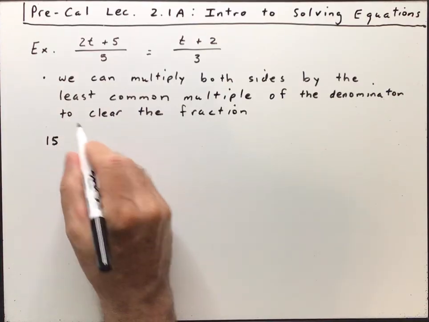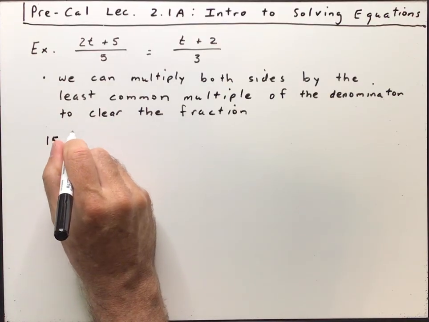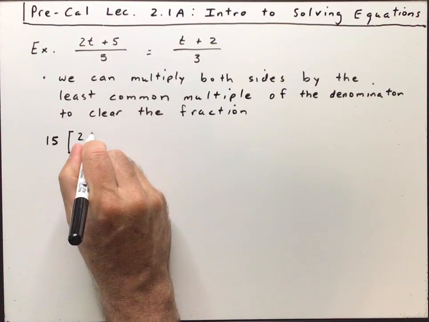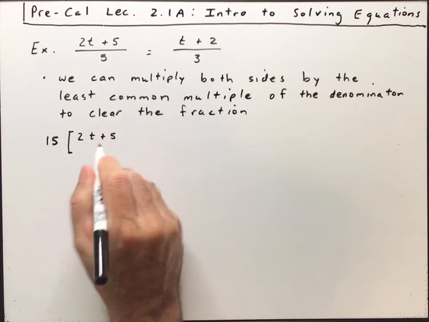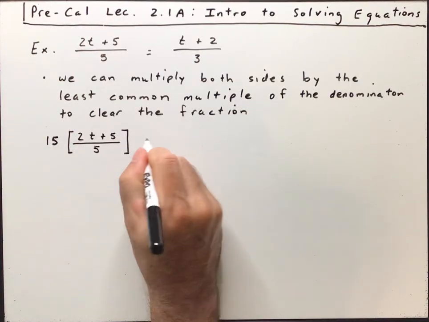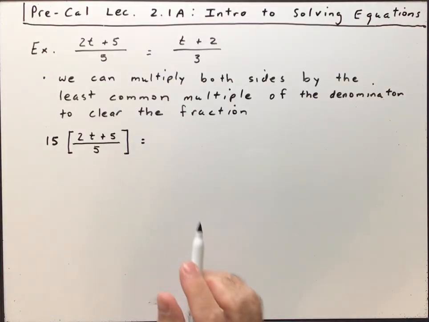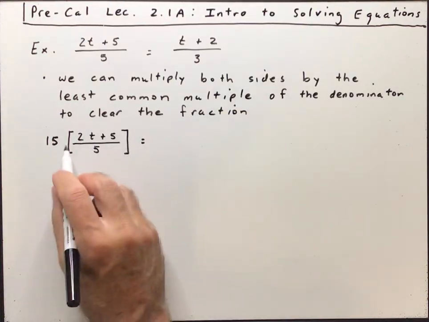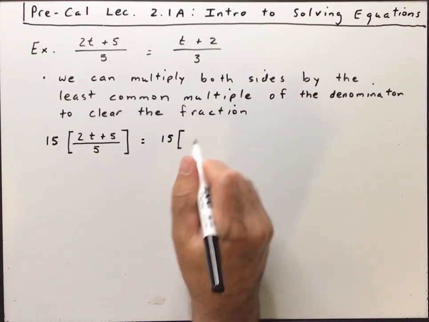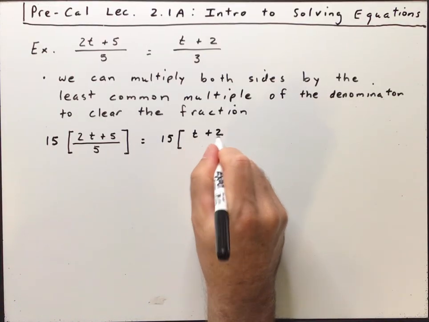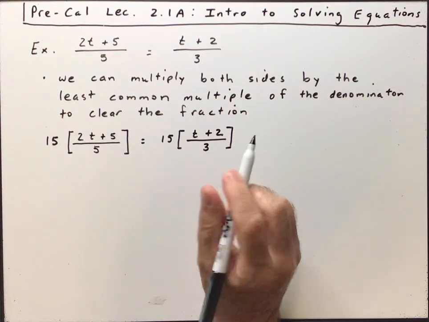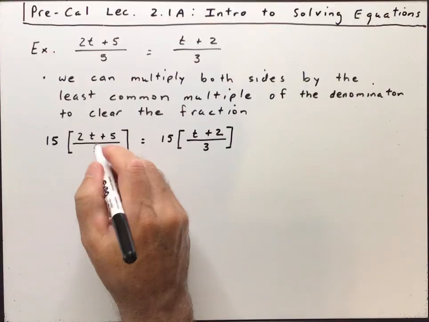So let's multiply both sides of the equation by 15. So we'd have 2t plus 5 over 5. And I'm going to separate the equations, but eventually I won't put this, I'll just do one big bracket. And then on the right side, we would have t plus 2 over 3. So what happens here is we've got this denominator.